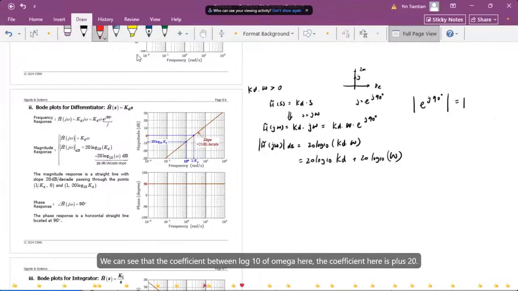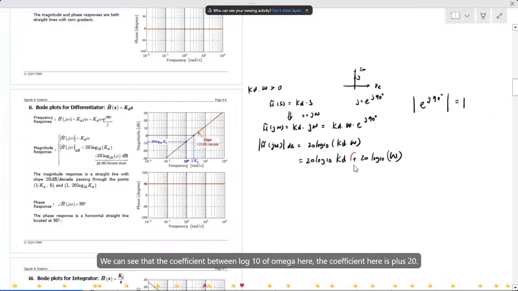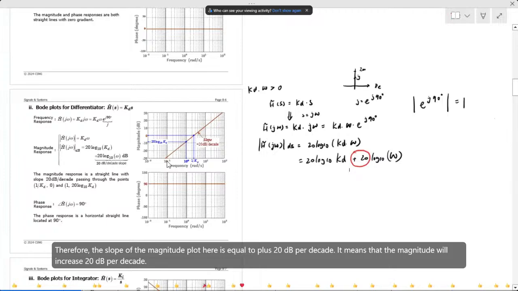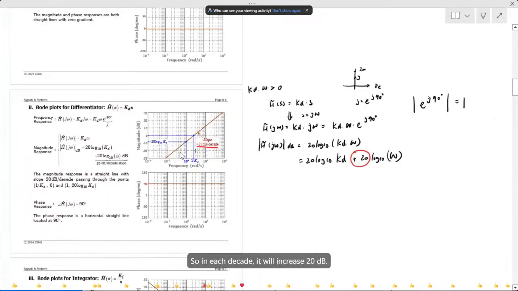We can see that the coefficient of log 10 of omega here is plus 20. Therefore, the slope of the magnitude plot here is equal to plus 20 dB per decade. It means that the magnitude will increase 20 dB per decade. Okay. So in each decade, it will increase 20 dB.